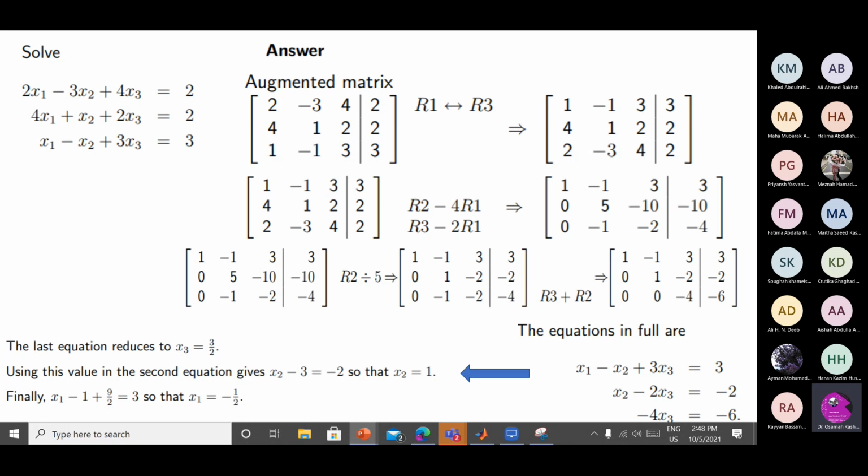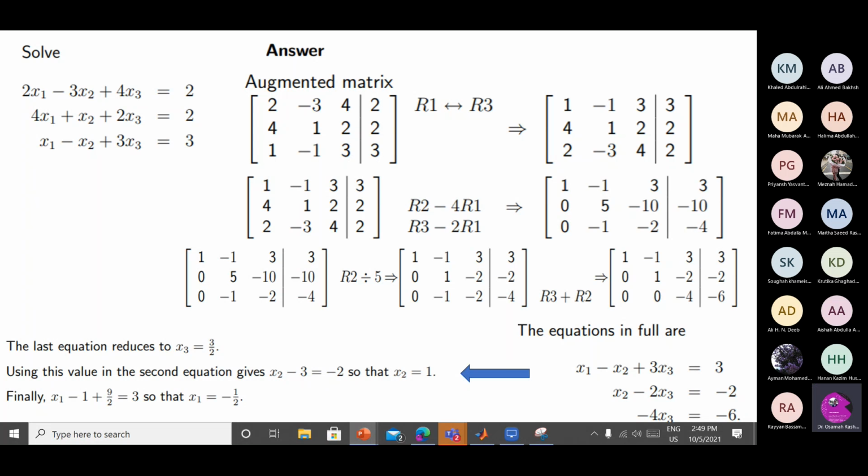X1 will be minus half, and X2 will be 1, and X3 will be 3 over 2.